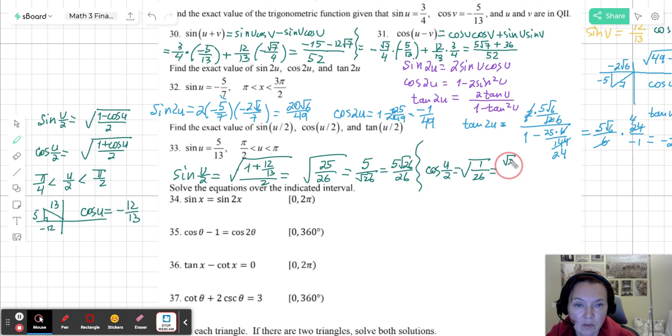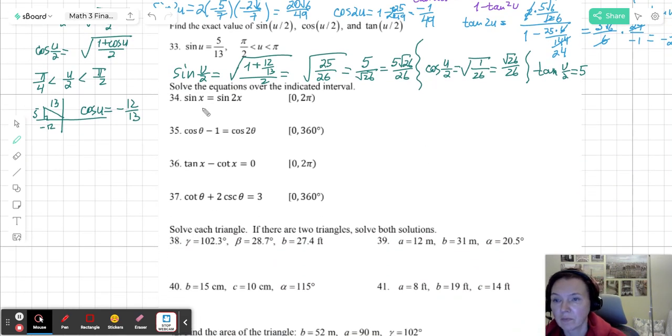So we end up with square root of 26 over 26. And then for the tangent, we just divide sine over cosine of u over 2. Since the denominators will be the same, it's just 5 root 26 divided by root 26, which is going to give us just 5. Tangent u over 2 equals 5, right? 5 root 26 over root 26, those will cancel.